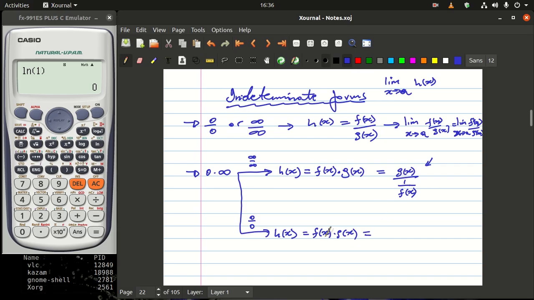So this function here, if you want a 0 over 0, the function that is having a 0, keep it. So here you have f of x, so you will keep your f of x and divide by 1 over g of x. So you can either convert it to this or to this, depending on which one you are looking for. Which one do you have to choose? Choose the one that is not going to give you a difficult derivative. That is what is important here.